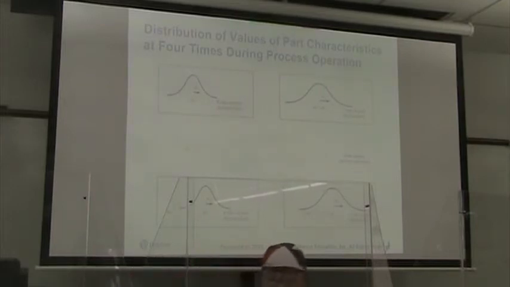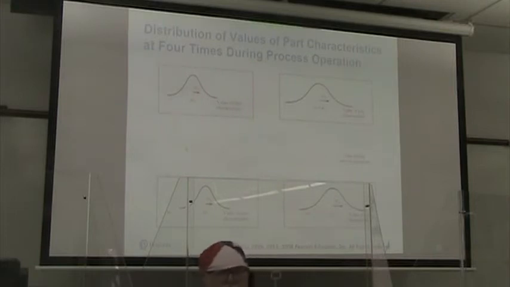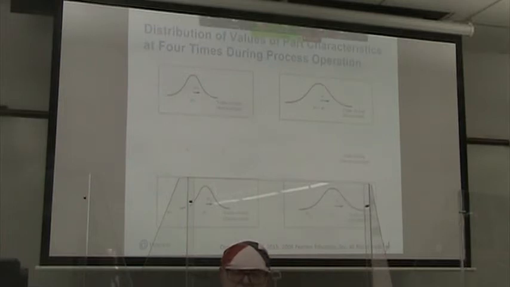All right, so these are the values of part characteristics at 4 different times during the process operation.